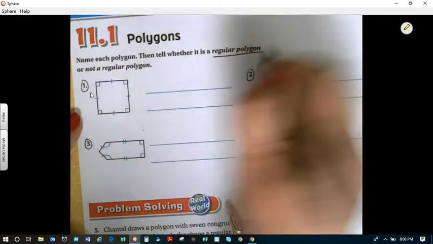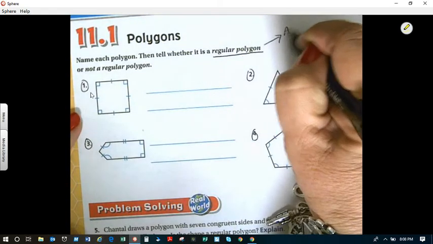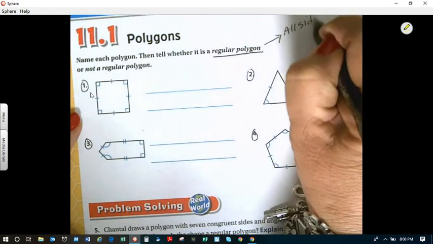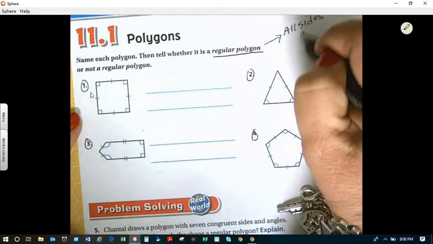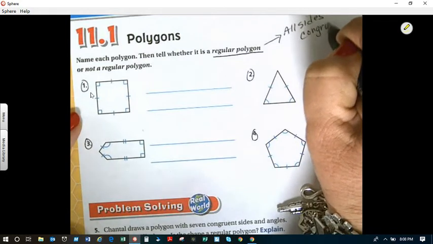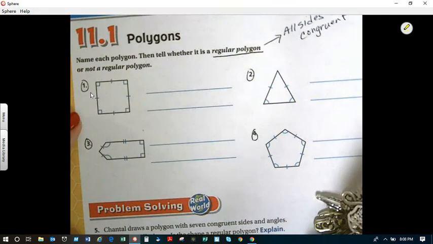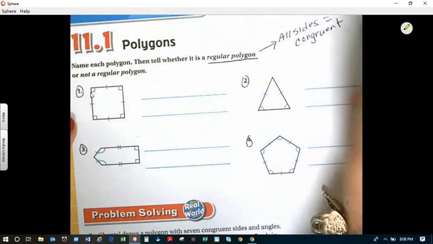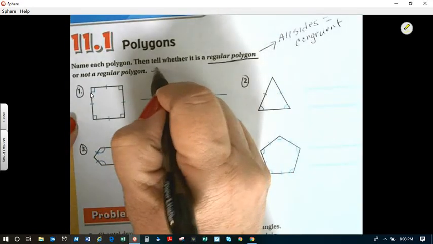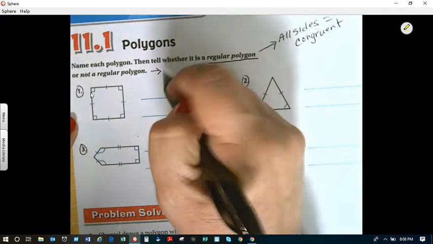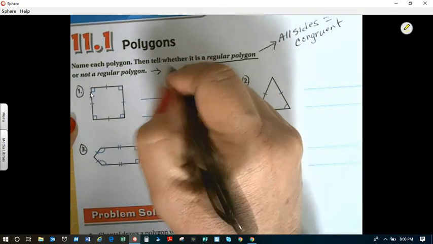Remember, a regular polygon? All sides are equal. Congruent is another word we learned today. Or you should have learned it, brought it up from 4th grade, but if you didn't, you now know it. Not a regular polygon means that it's irregular, that the sides are different.